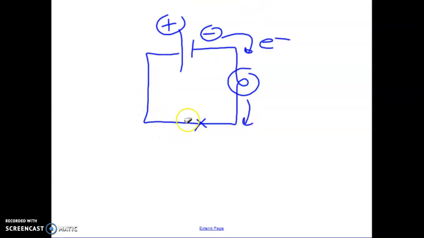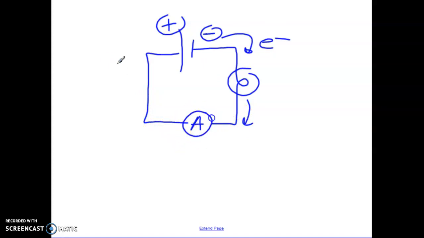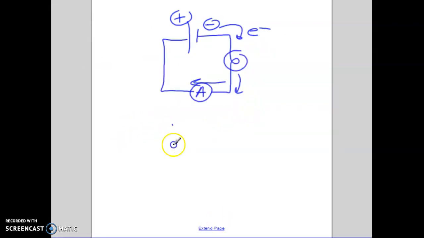How you would draw that ammeter is you would have to draw the symbol for the ammeter on the wire that you want to measure the current in. So notice it's actually on the line. The voltmeter, if you remember, was connected around the circuit, but the ammeter has to be part of the circuit, because we want to measure the electrons that are moving through the wire, so they have to go through it.